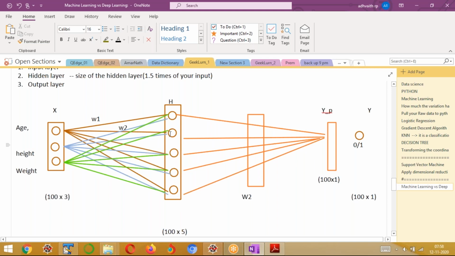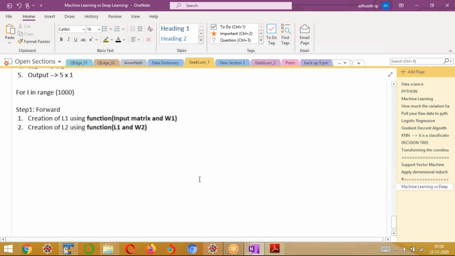Layer 1 into W2 gives what exactly? You can imagine it like that. Don't confuse things. Or else you can write creation of y hat, if you are confused. You can take it like this.